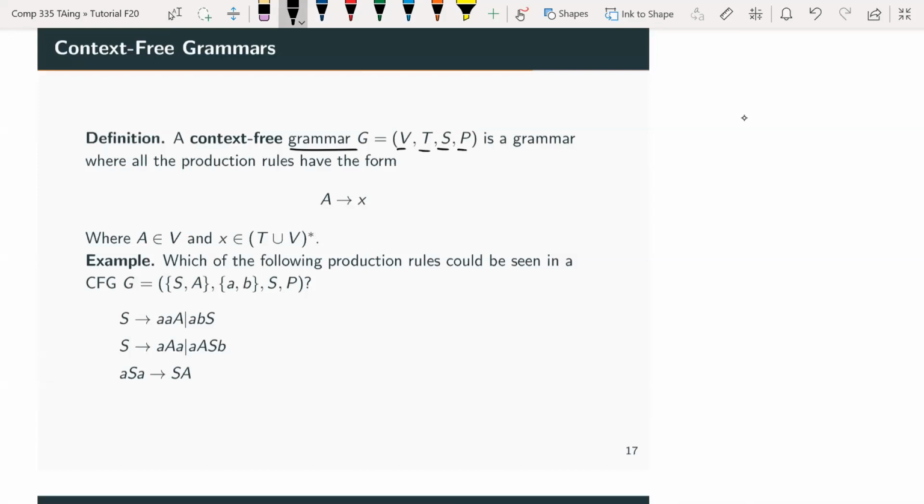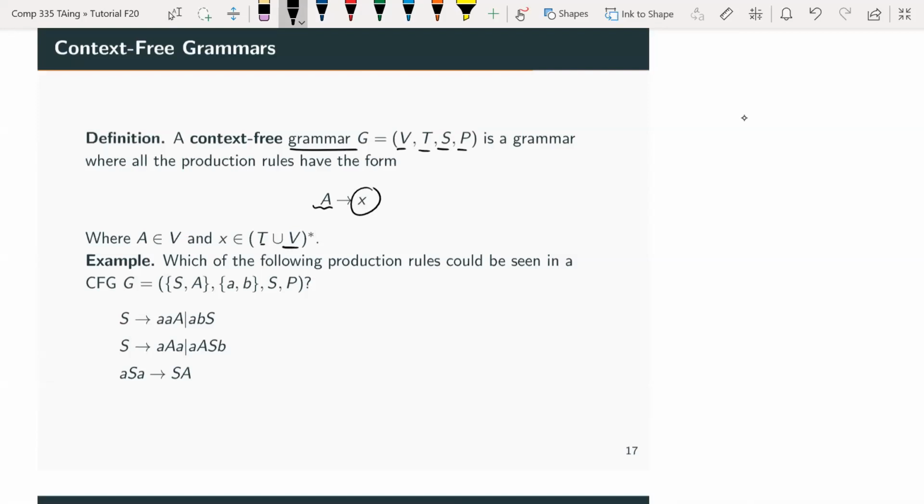Okay, and the only difference from a regular grammar is that in a context-free grammar, I can have a single variable on the left-hand side, but I can have anything on the right-hand side. So any permutation of strings, terminals and variables, any number of variables and any number of terminals.